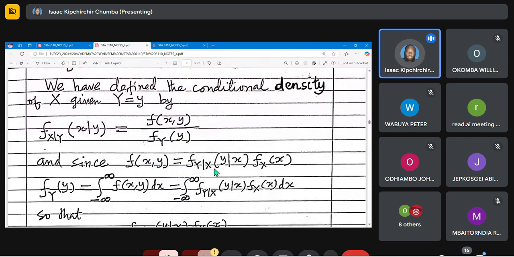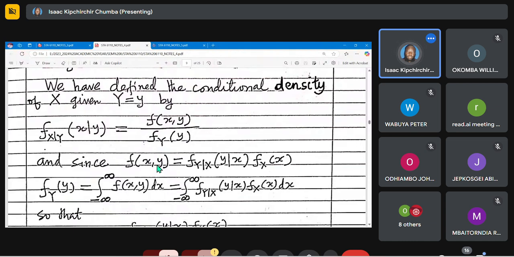And you can, when you have the joint, get the marginal of x and the marginal of y. So you are saying the conditional of x given y is the joint over the marginal of y.